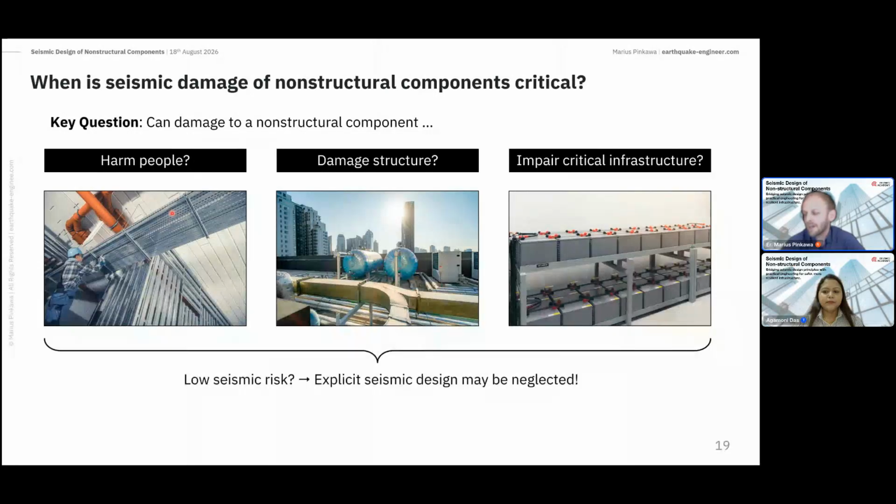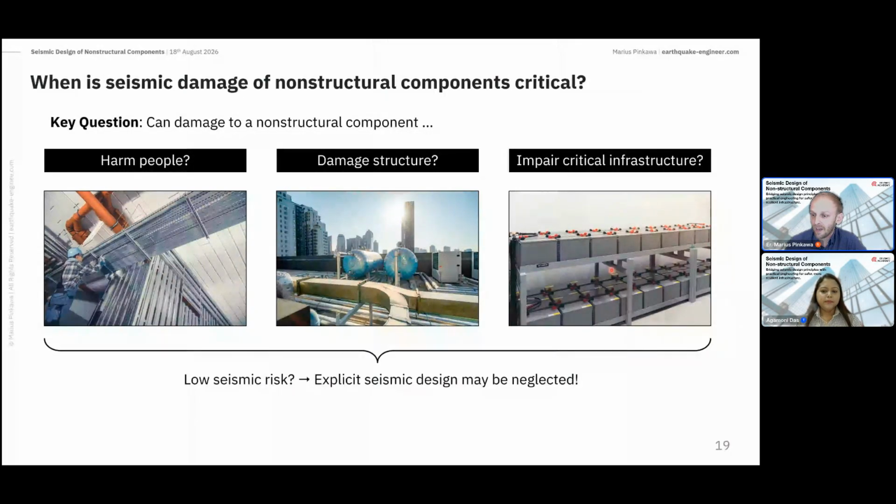And then the third one: can it impair critical infrastructure? For example, in a hospital, if there's a surgery ongoing on the open heart of a patient, the doctor needs the light and the electricity, and if there's a power outage, you need this emergency power supply.